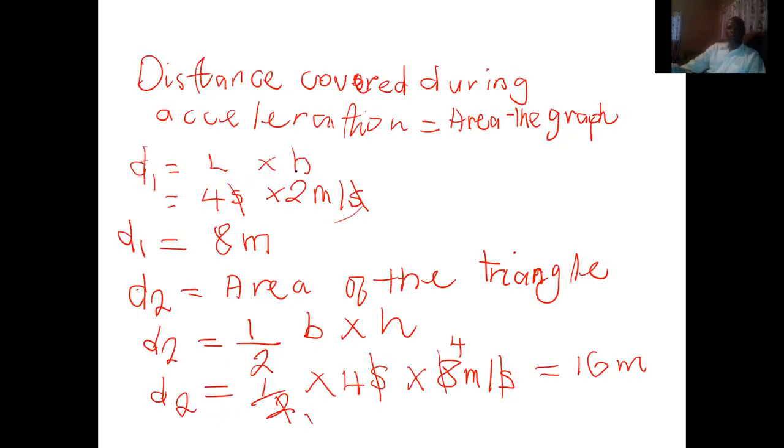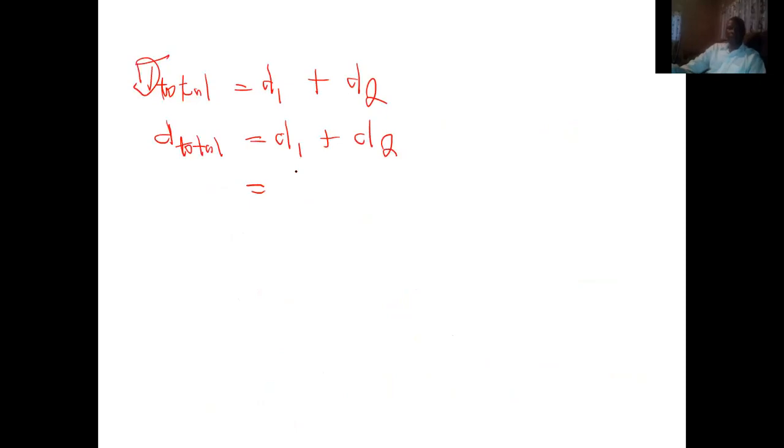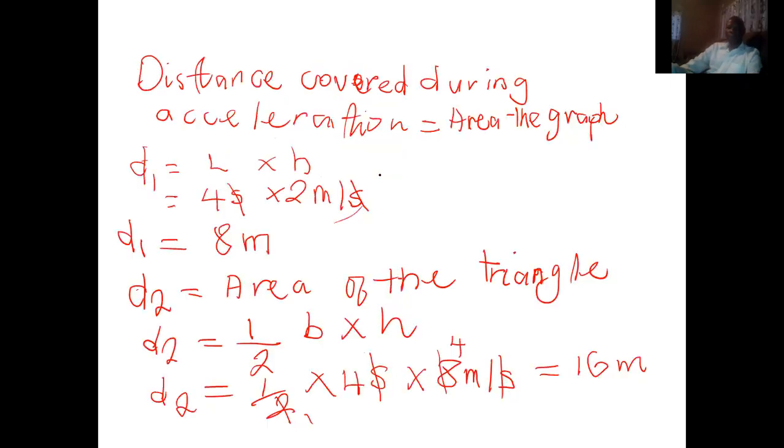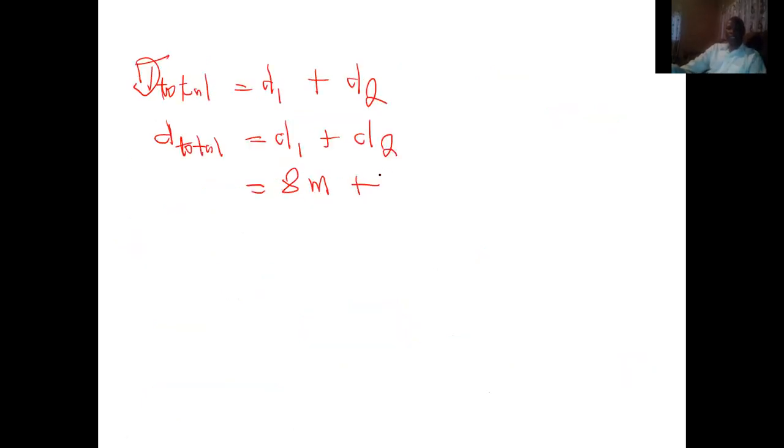Distance 1 we found 8 meters, plus distance 2, 16 meters. When you add, you find 24 meters. So this is the total distance which was covered when Kunaka was accelerating.